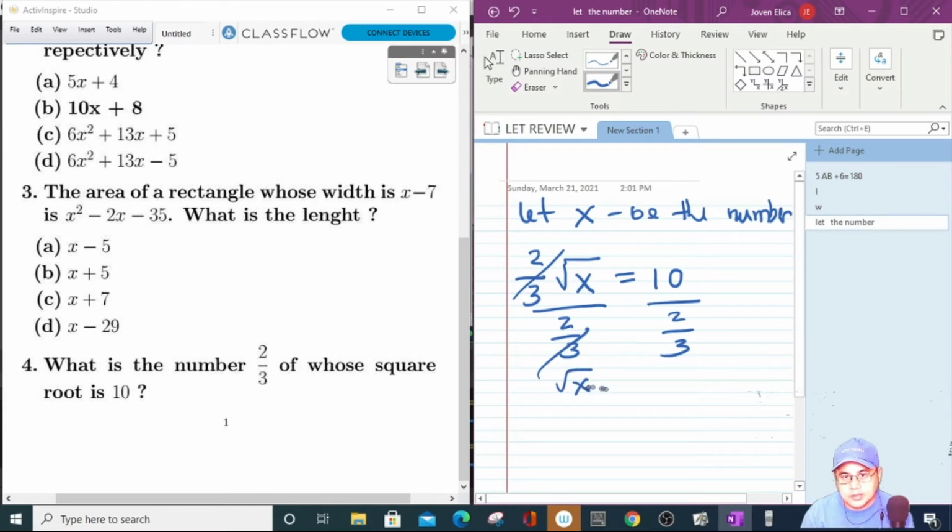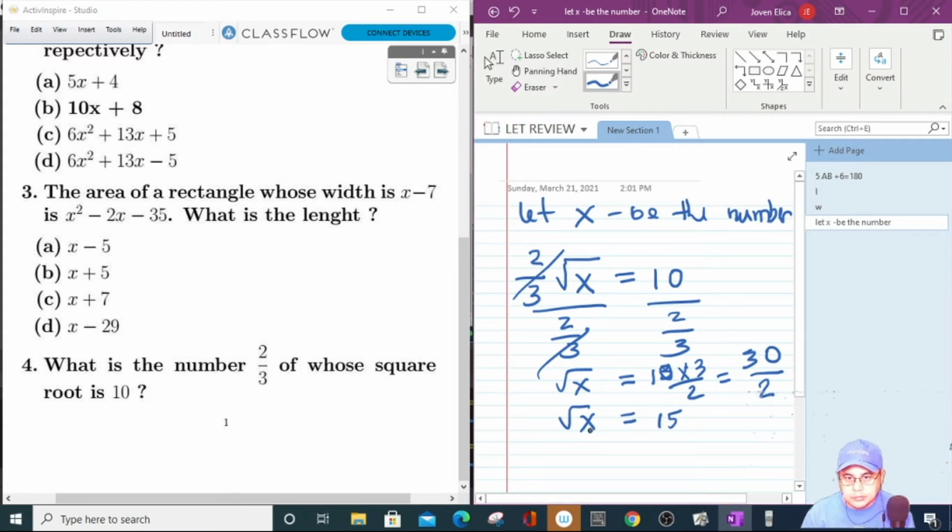Square root of x is equal to 10 multiplied by 3 divided by 2, which is 30 over 2. All right, so square root of x equals 15. 30 divided by 2 is 15.